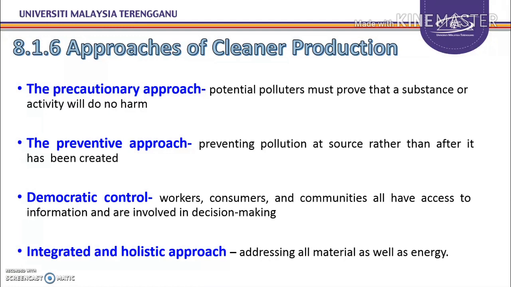Then democratic control: workers, consumers and communities all have access to information and are involved in decision making. It means that not only the environmental officer or top management can implement CP, but it takes all stakeholders in the company. And the last one, integrated and holistic approach, addressing all material as well as energy.